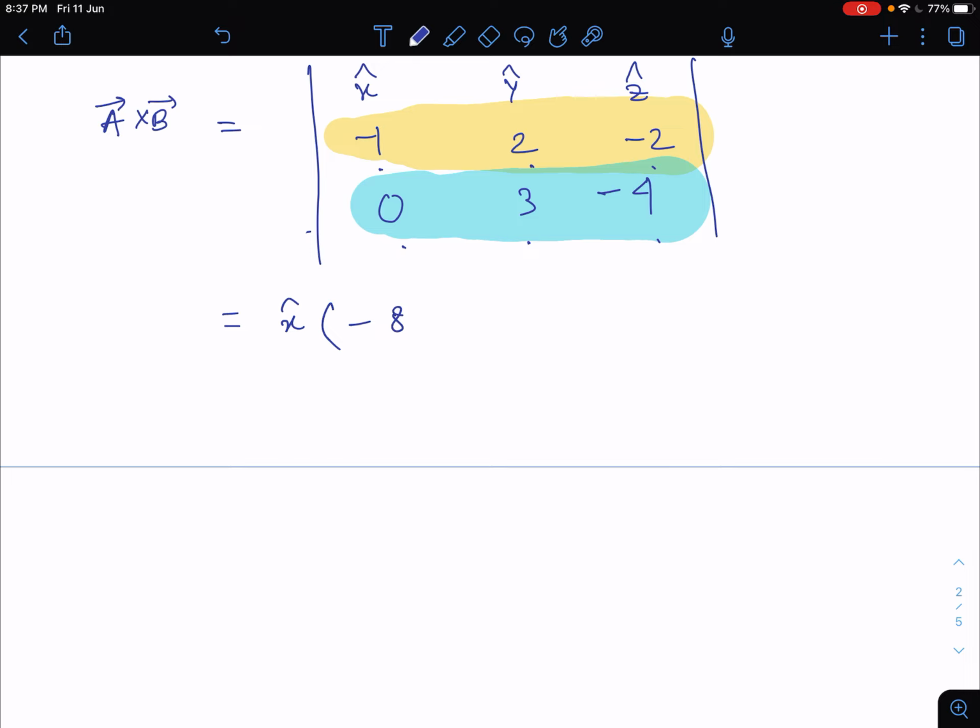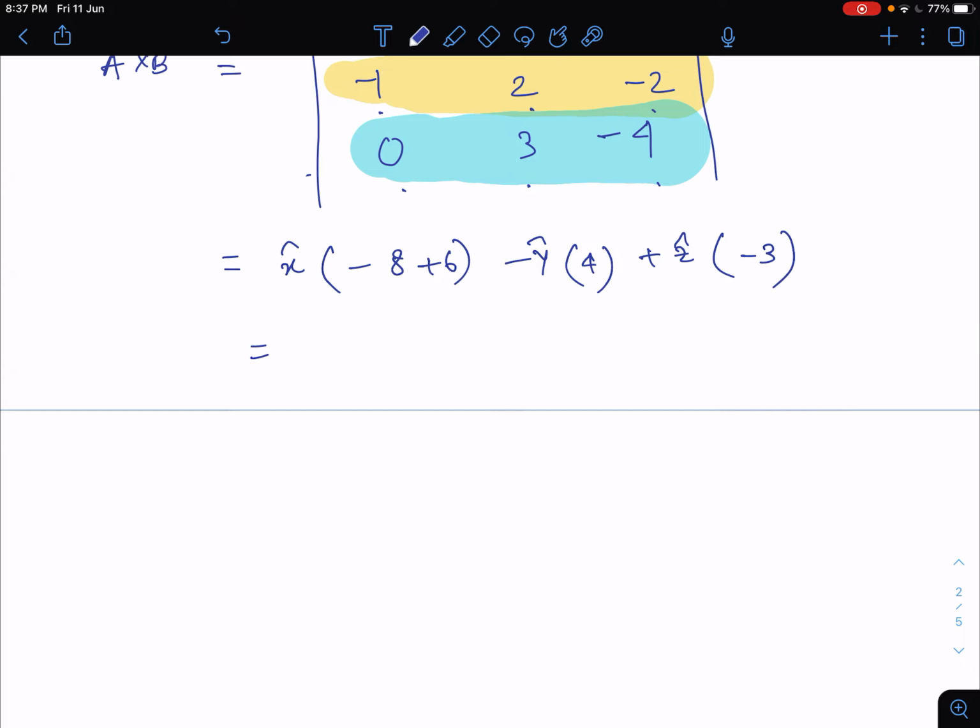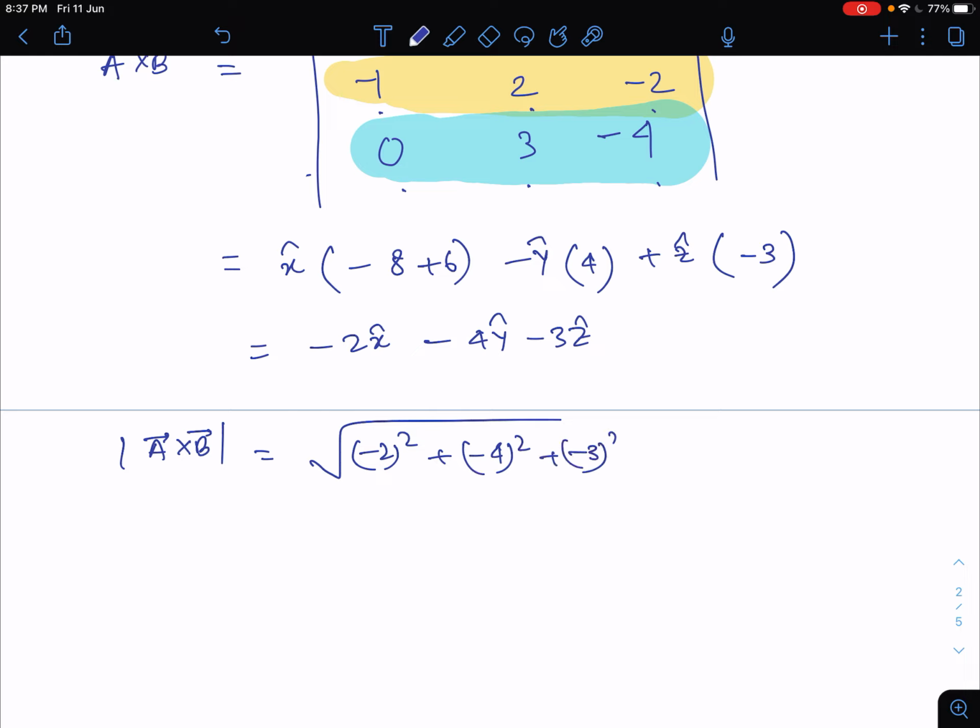That is minus 8 plus 6, minus y, it is 4, and plus z, minus 3, right? So it is minus 2x minus 4y minus 3z. So what is now mod of a cross b? It is nothing but root over minus 2 square plus minus 4 square plus minus 3 square.